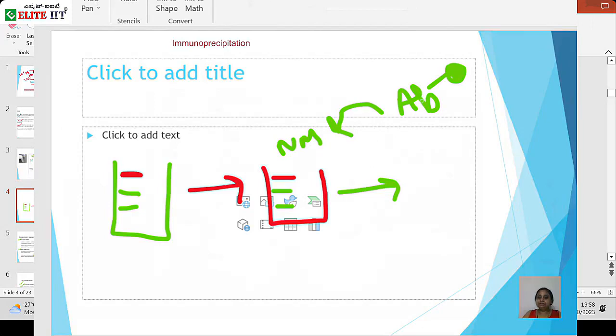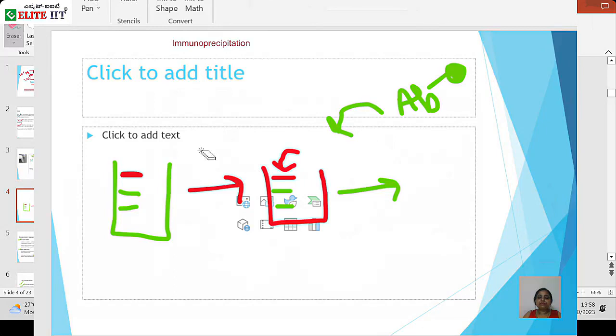This antibody is against your protein of interest, or antigen of interest. So this antibody will bind only with your protein of interest, right? So it will bind with only this band.